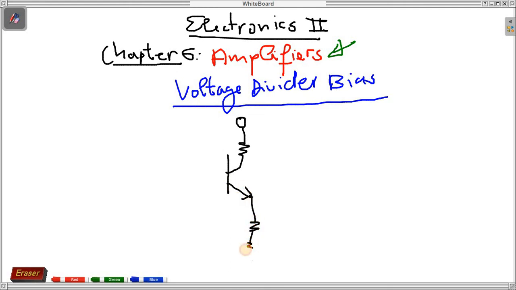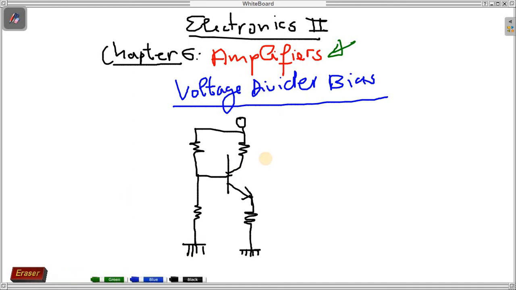We have another resistor here, one resistor like the way you did it in Electronics 1. And then we have ground, let me represent ground like this, connected here. We have another resistor here connected to ground.